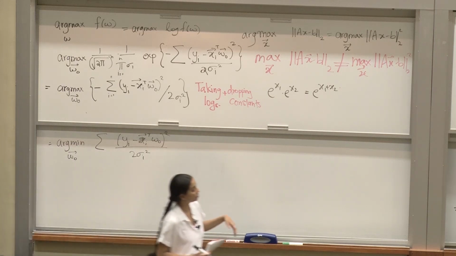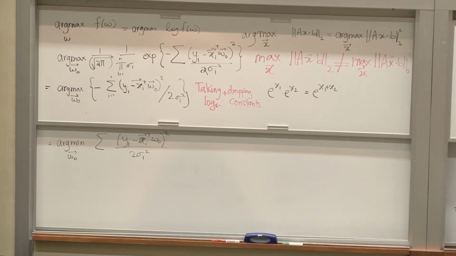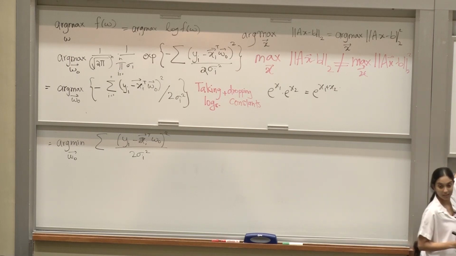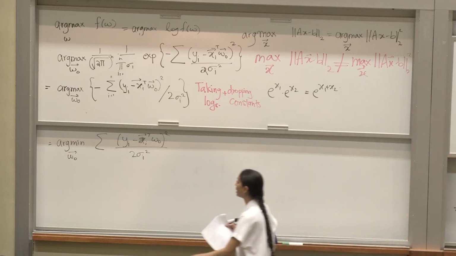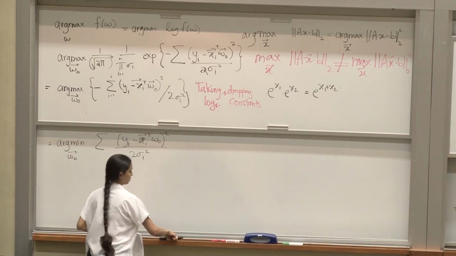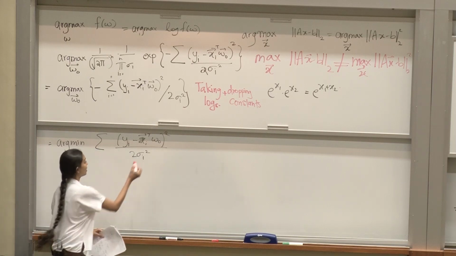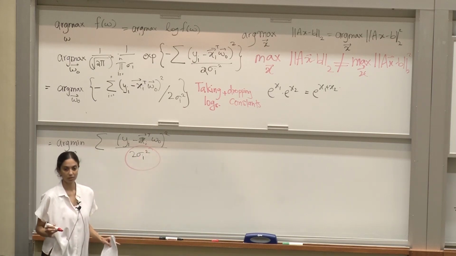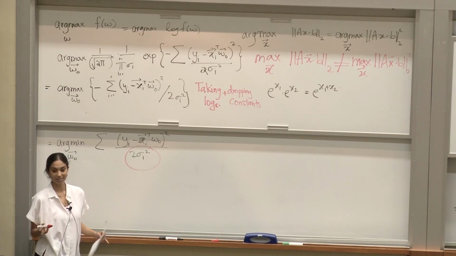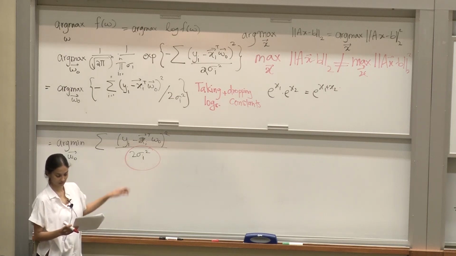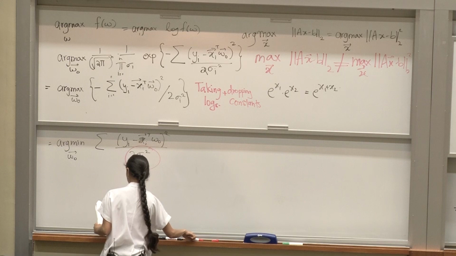Remember, our least squares setup, what is our setup? You have basically Ax minus b. So x1 transpose w minus y1 squared plus x2 transpose w minus y2 squared. This is exactly our least squares cost, except you're scaling it, right? You're having a weighted least squares. And what is the weighting? It's this quantity, right?